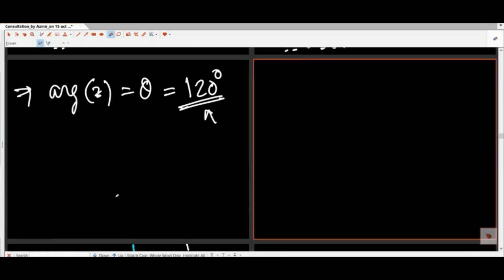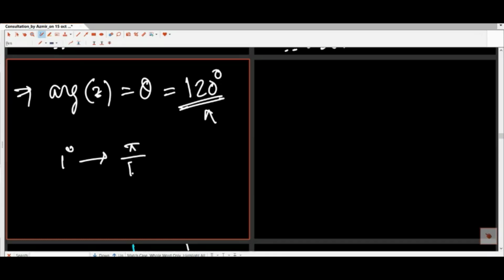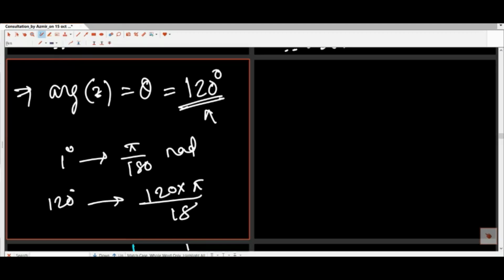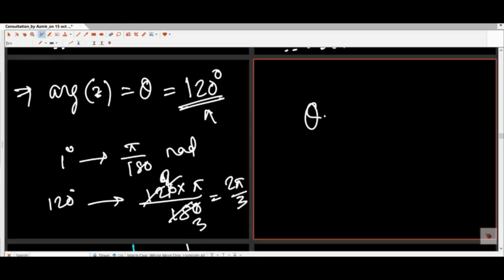But it is wise to work with radian. So we know that 1 degree equals pi over 180 radian. So 120 degree is equal to 120 pi over 180, that is 2 pi by 3. So theta equals 2 pi over 3.